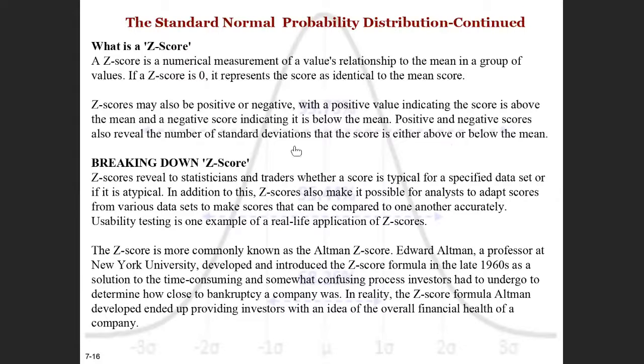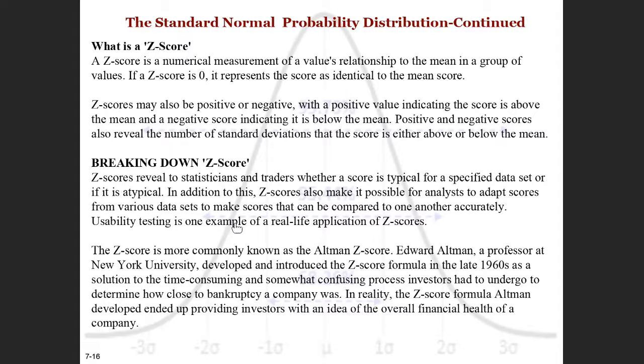The positive and negative scores also reveal the number of standard deviations that a score is either above or below the mean. So breaking down the Z-scores, it reveals to statisticians and traders, if you're going to be involved in investing in stocks or bonds or funds or whatever, whether a score is typical for a specified data set or if it is atypical, which means it does not follow the normal curve.